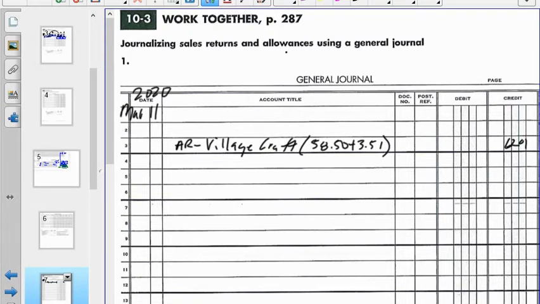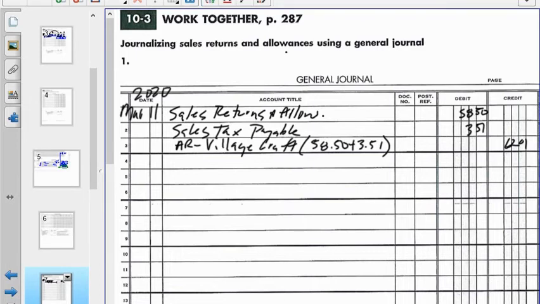Our debit account is going to be this contra account, sales returns and allowance. It's an opposite of sales, so that's why it's a debit. $58.50, and we're going to need to reduce sales tax payable, which is going to be $3.51.